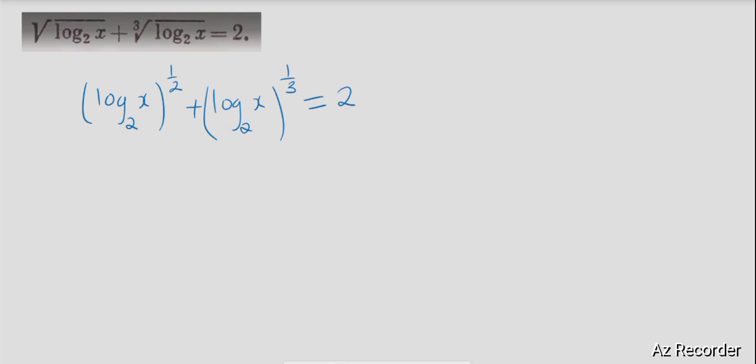Now, we are going to make the powers over there with a common denominator so that we'll be able to visualize and see what we are supposed to be doing next.